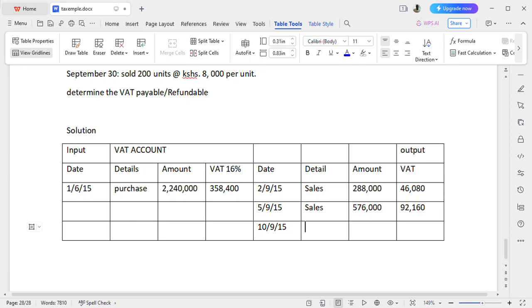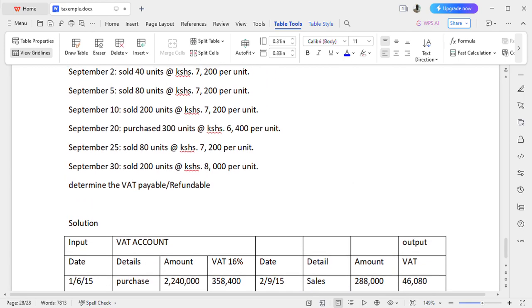He is making a sale of 200 units at 7,200, which is 1,440,000. So we get the 16% of that. It is 230,400.